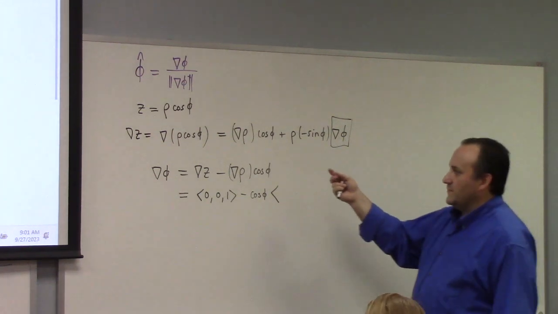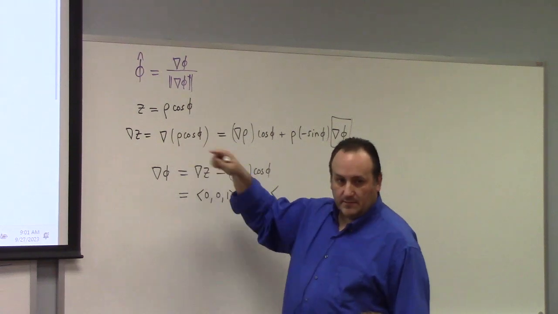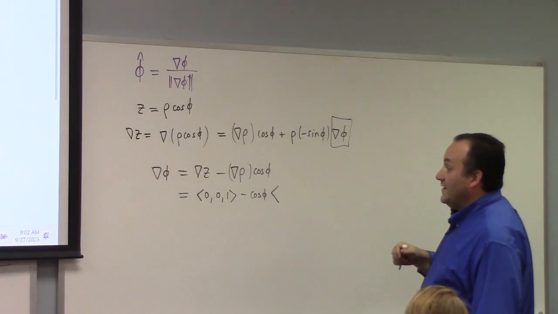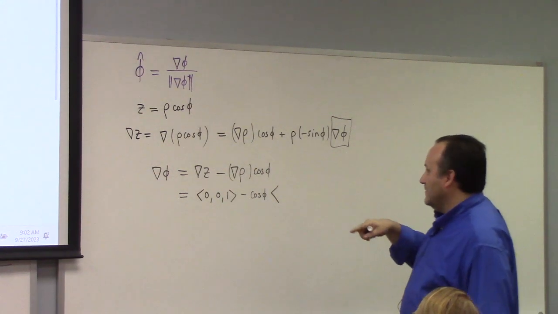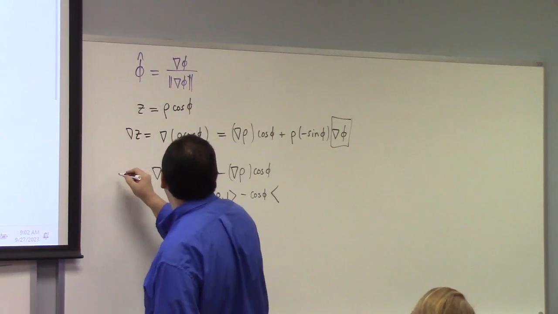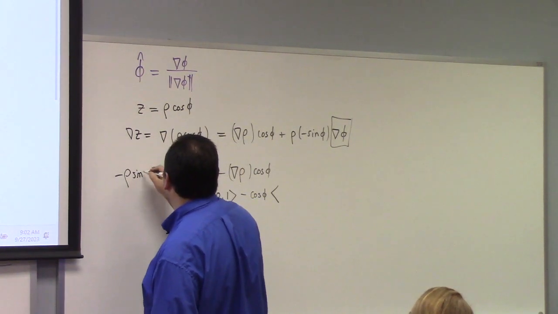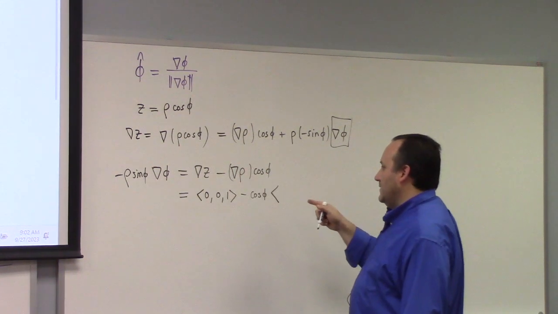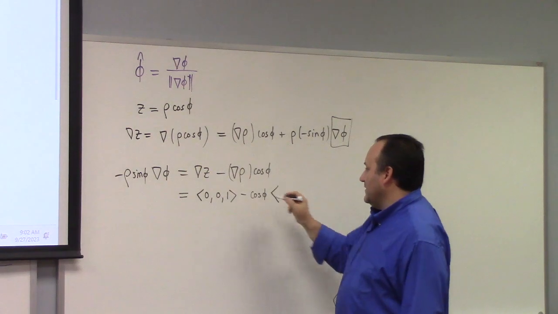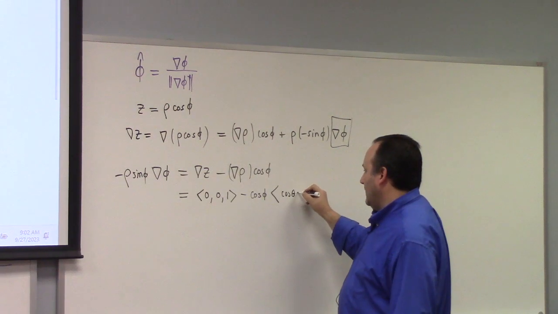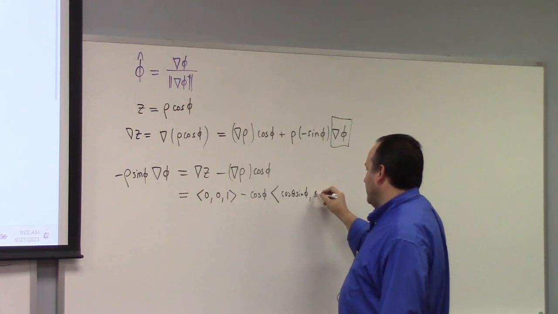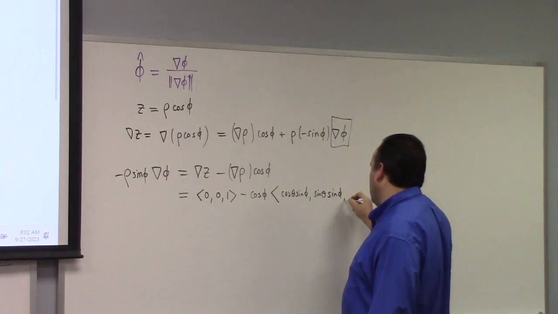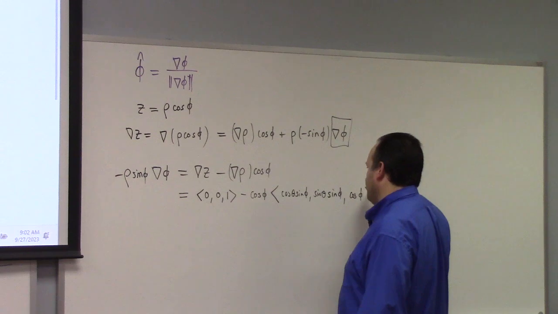Well, I'm just using the product rule for the gradient here. Oh, yes, thank you. At the moment, I still have minus rho sine phi over here, don't I? Thank you. And then that, if I recall correctly, is just cos theta sine phi, sine theta sine phi, cos phi.